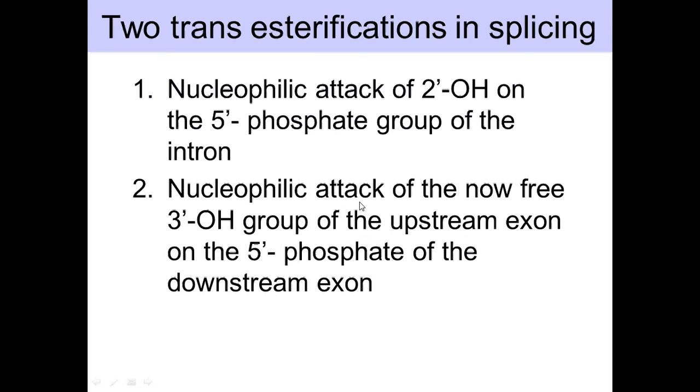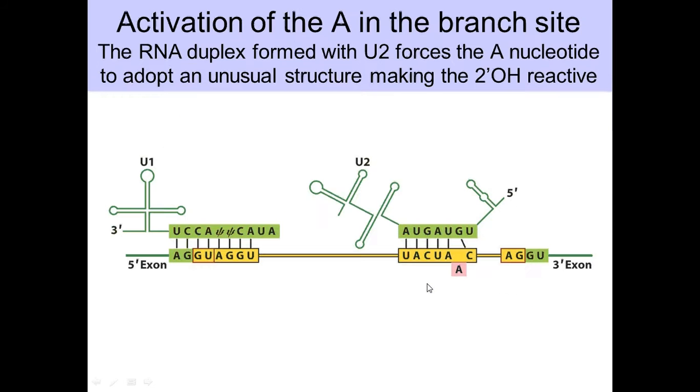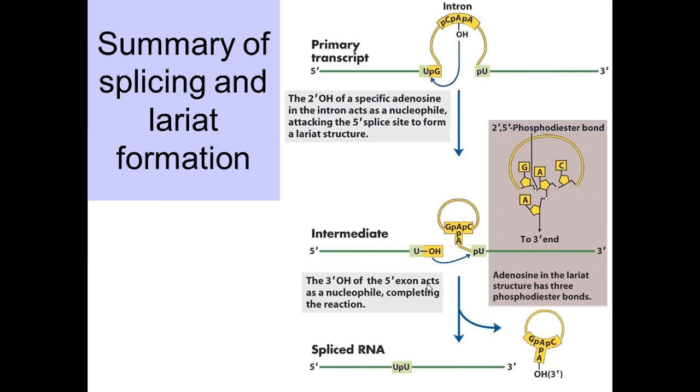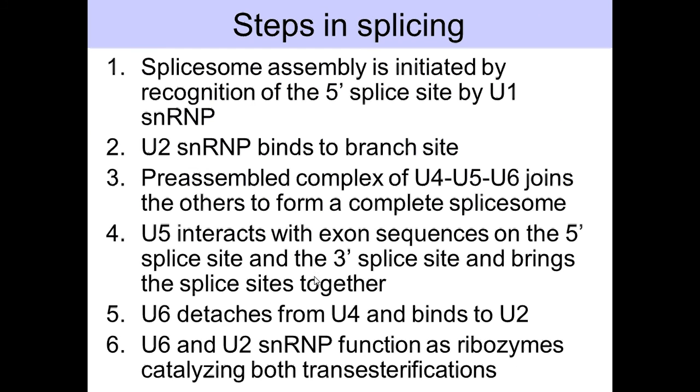The two transesterifications were this nucleophilic attack by the adenine over here, and the nucleophilic attack from here to there. Those are the two transesterifications it's talking about over here.